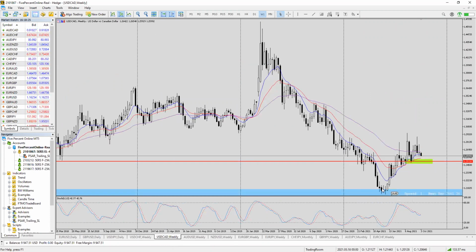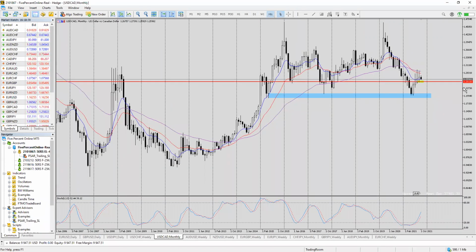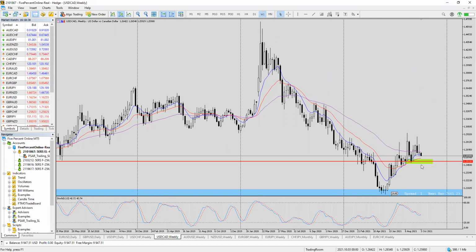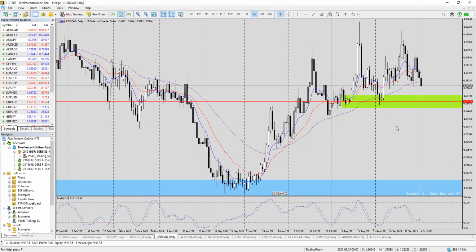Dollar CAD has managed to come up from this huge demand zone, and it's now stuck in between moving averages on the monthly chart. On the weekly chart, it broke above and could find some support or some demand on top of this zone and on top of these moving averages. It doesn't look very strong at the moment, I mean, the trend is not very strong.